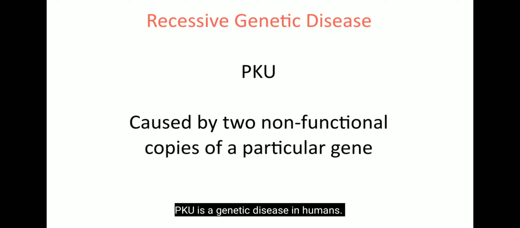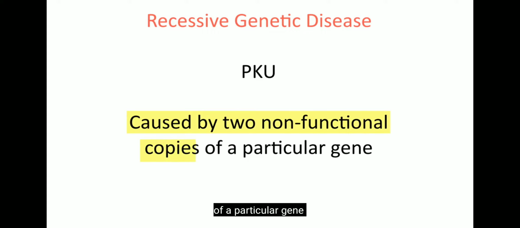PKU is a genetic disease in humans. It is a rare disease that causes brain damage. It leads to delayed development in children until they are treated. Newborns are routinely screened for PKU. It is caused by 2 non-functional copies of a particular gene involved in our metabolism.